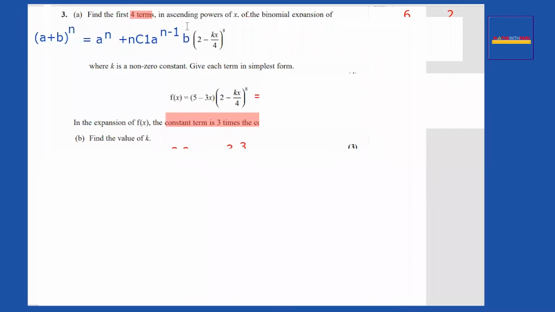So I'm just going to write a few terms to remind you of the rule. Then the next term, and I shall continue here, is going to be nC2, a to the power n minus 2, times b to the power 2.